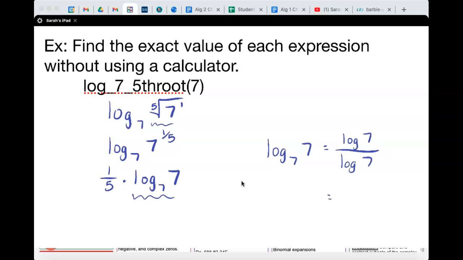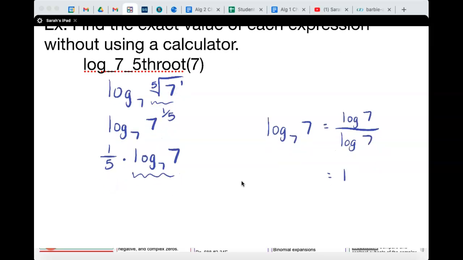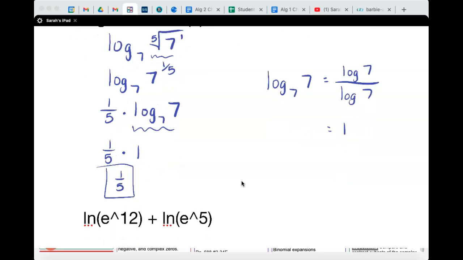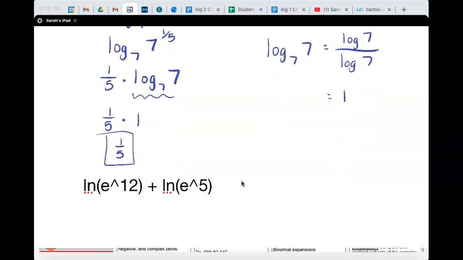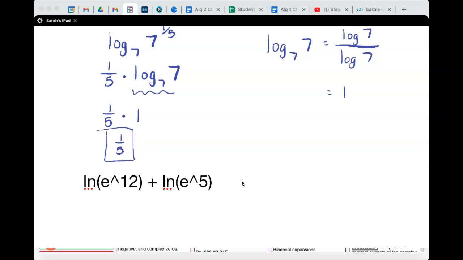So basically it divides out to be 1. So log base 7 of 7 is just 1. And I'm multiplying it by this still. So my exact value without using a calculator is 1/5. You can always check yourself with your calculator, but you should show all the work for full credit.